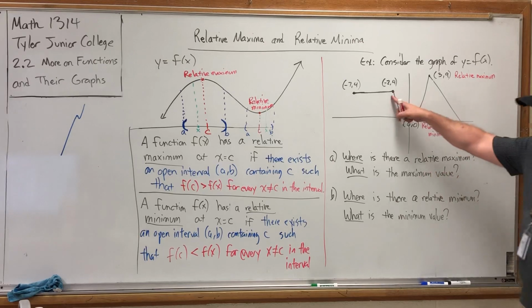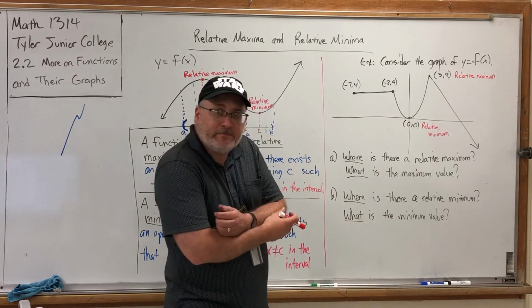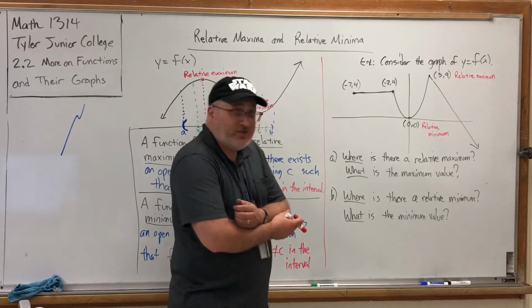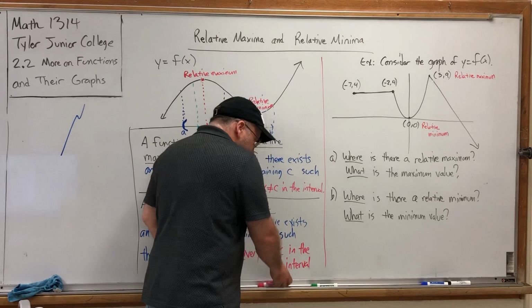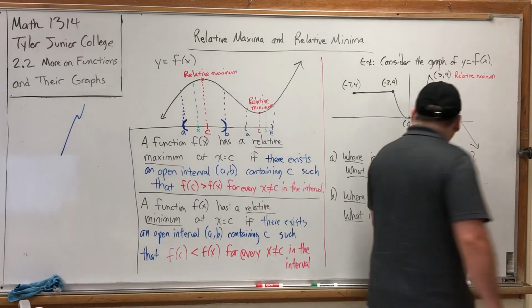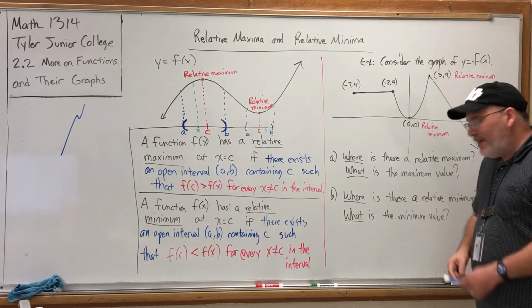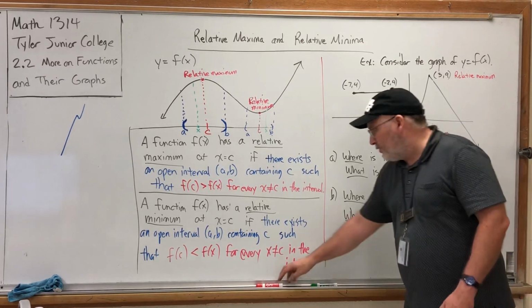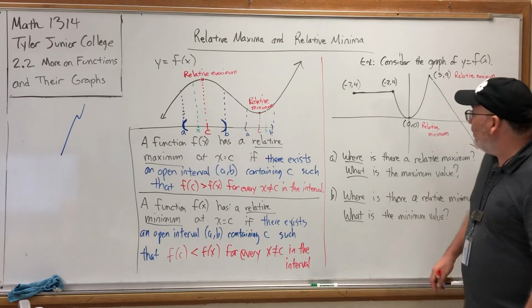But what about this corner? Would you say it's a maximum? I wouldn't say it's a minimum. If anything, it's a maximum if it's that. Believe it or not, it isn't. And I know you might be thinking, but isn't this the high point right here? Yes, but, and this is where the rigorous definition gets to decide, are you a maximum or a minimum?